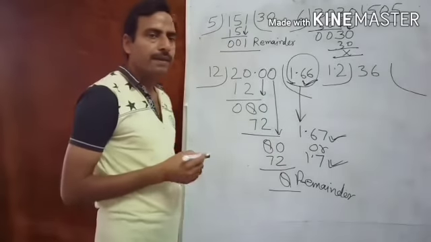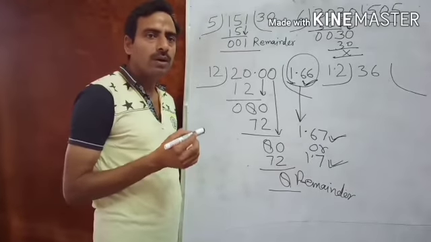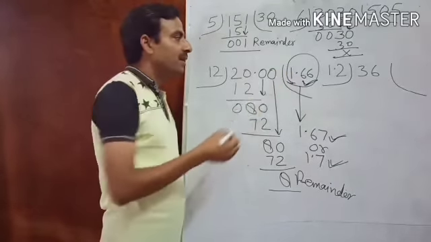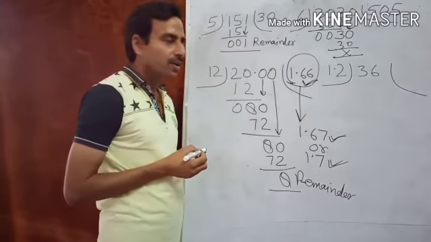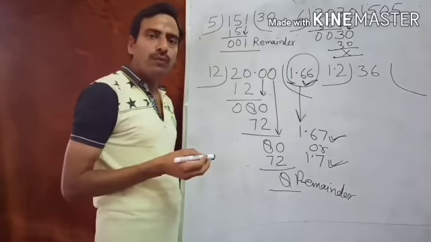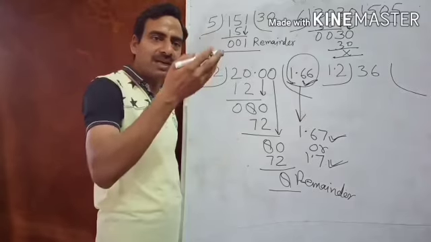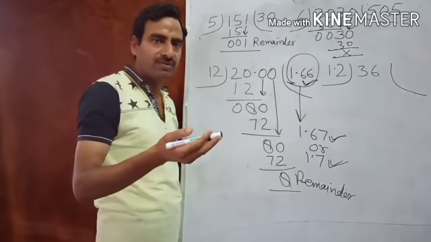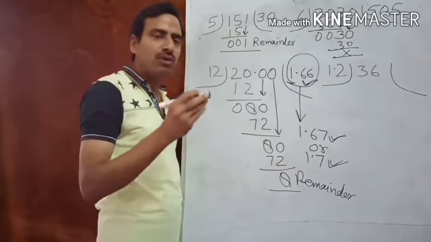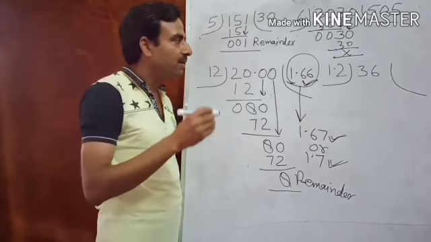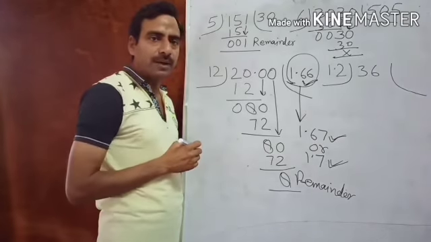How? It is a rule to get the answer in decimals. If you want to remove a decimal digit, meaning the last digit of the answer, then you have to consider the value of that number.